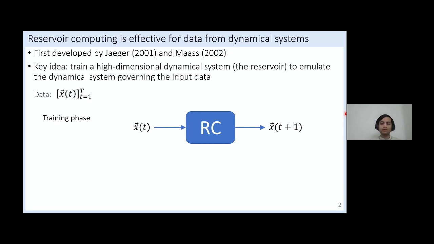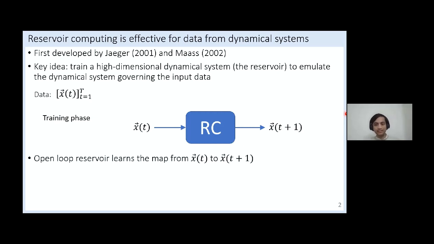So in the training phase, you're trying to train the reservoir to learn the map from x of t to x of t plus 1. This configuration is called the open loop reservoir, and you want the open loop reservoir to learn this map. Then in the so-called testing phase, you can go to a closed loop system, where whatever x of t plus 1 was generated, you feed that back in.